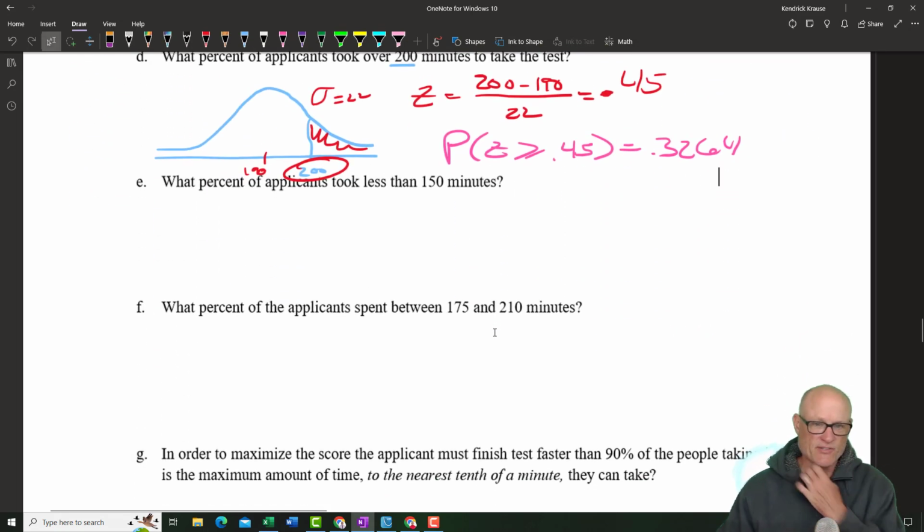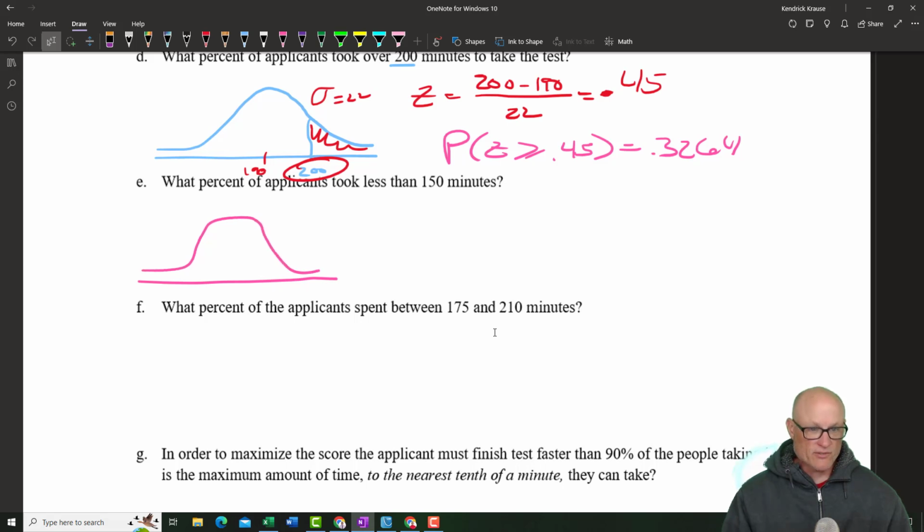All right, what percent took less than 150 minutes? Ooh, that's terrible. 150 minutes is off to the left. So this time I will get a z-score that's going to be negative, because it's off to the left.